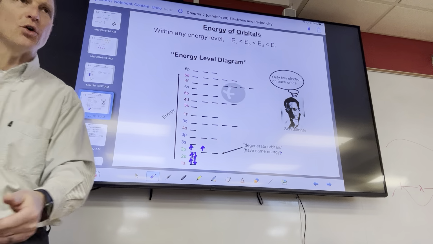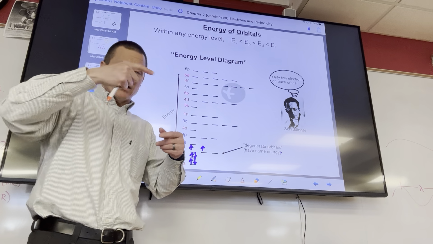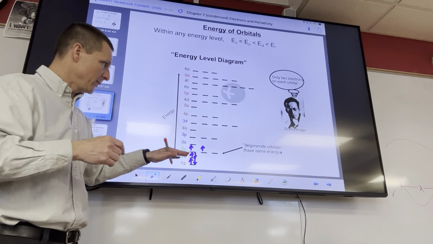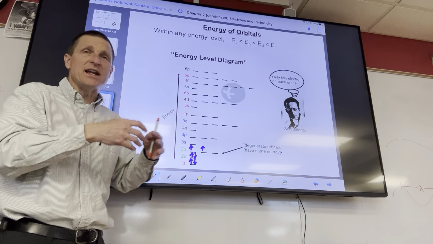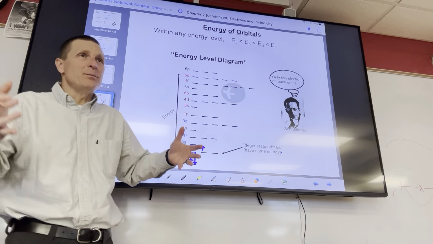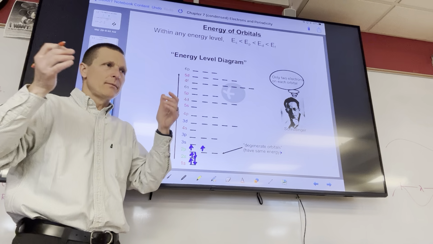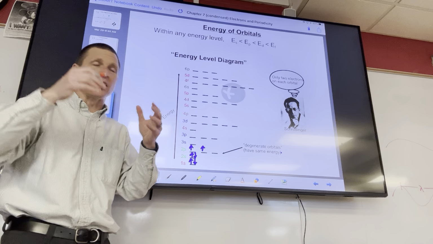Now remember, I told you that within an orbital, electrons are spinning, one positive, one negative. They're going to have the ability to stay together. However, that doesn't necessarily mean that that's their first choice, to pair up.